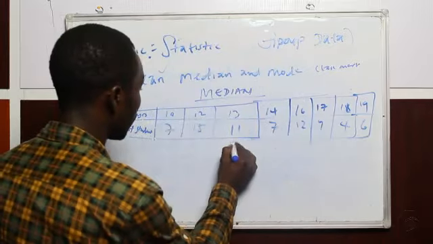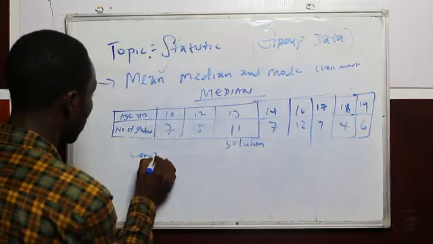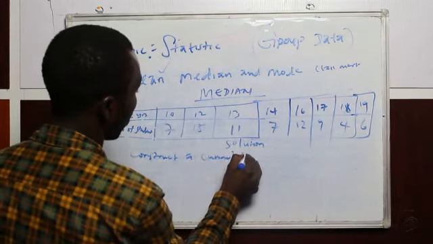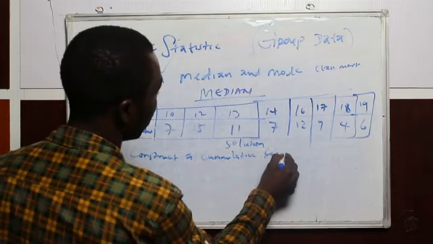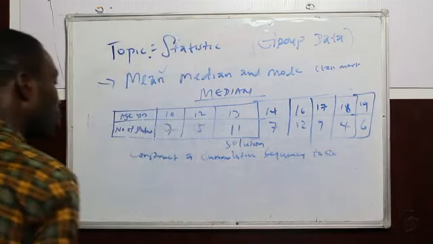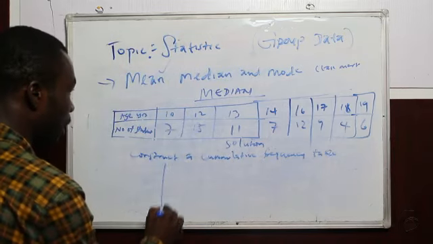Solution. Construct a cumulative frequency table. Now, if we want to construct a cumulative frequency table for this, we have to draw our table like this.